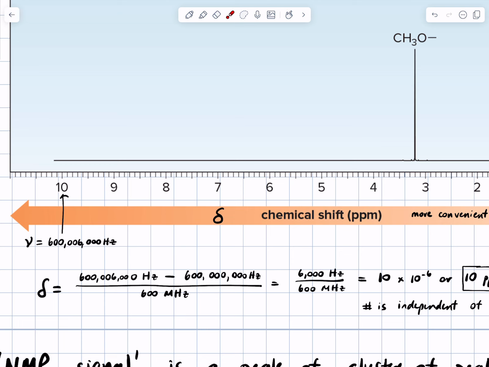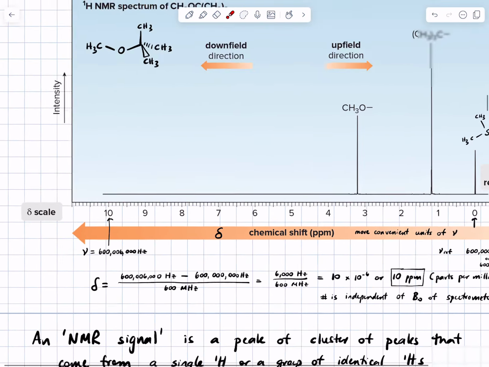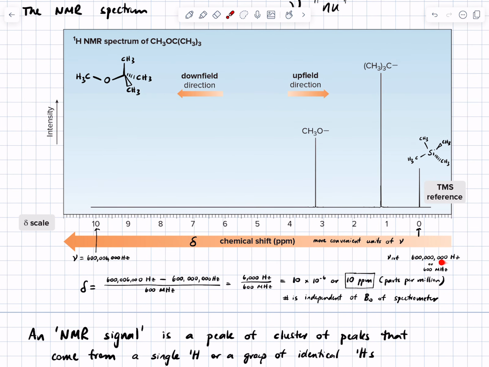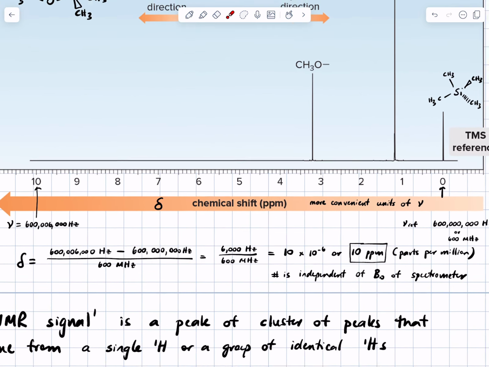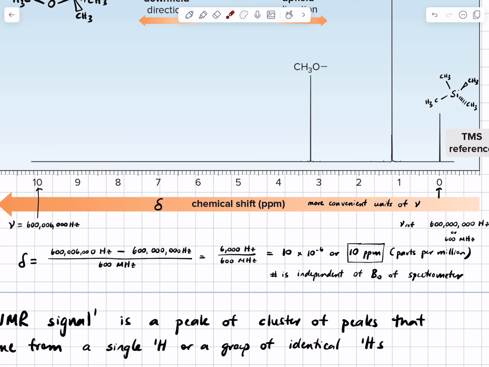And so what we do to control for that is we calculate chemical shift. We say, all right, what's the range of useful frequencies? It's about 6,000 hertz. So we're just going to call this 0. We'll pick a reference frequency. So this is the reference frequency. And then whatever frequency we're at here, we're going to subtract the reference frequency from that.